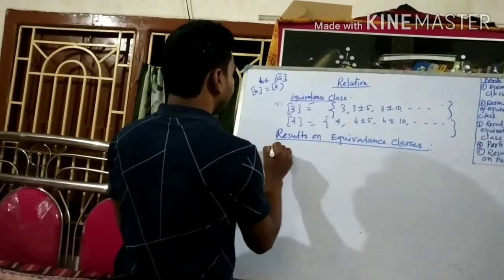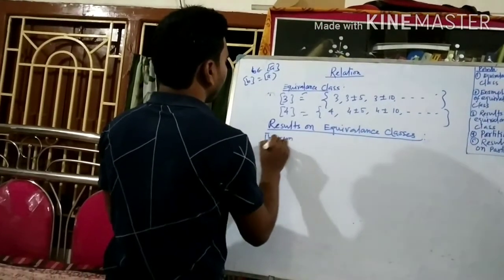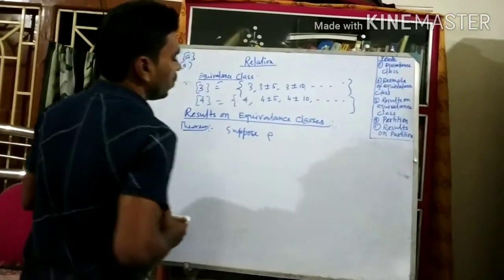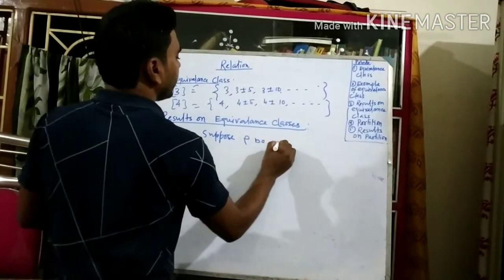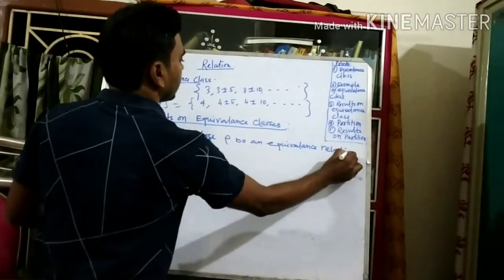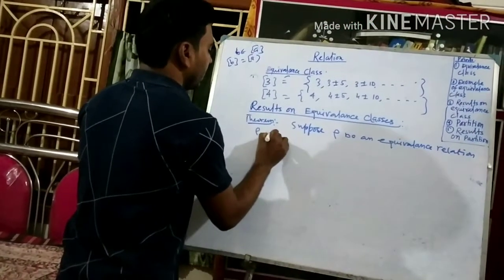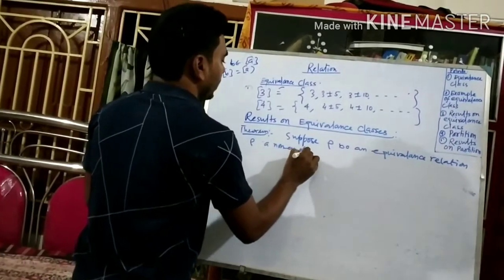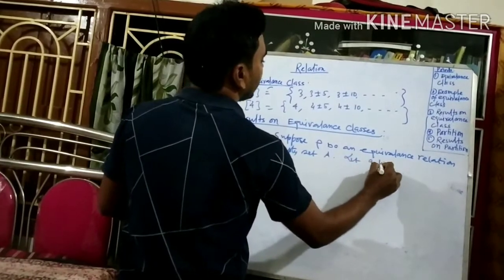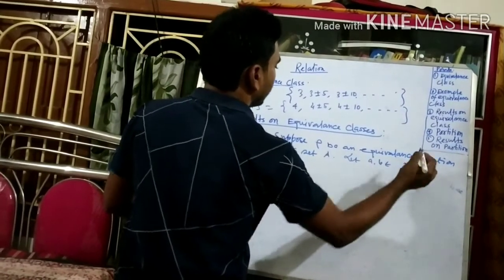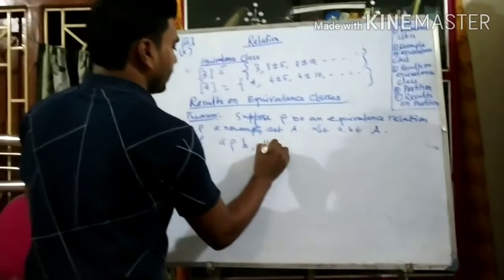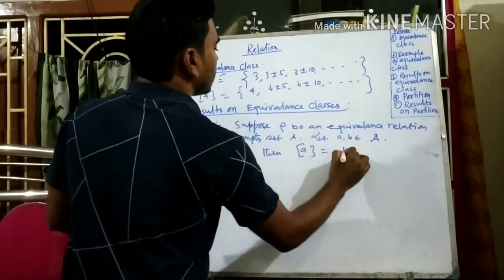First result is, suppose rho be an equivalence relation on a non-empty set A. Let a, b belongs to A. If a is related to b, then class a is equal to class b.